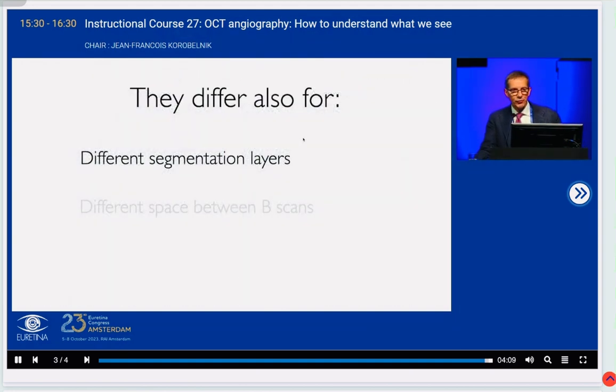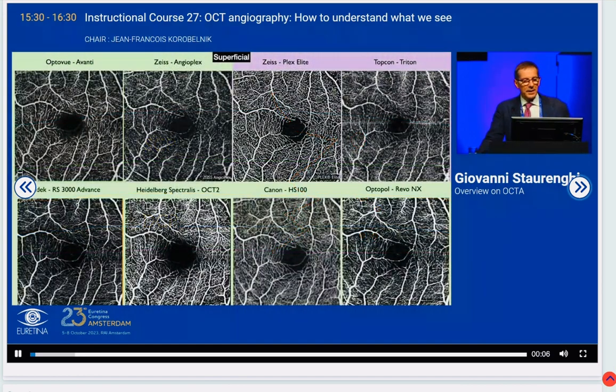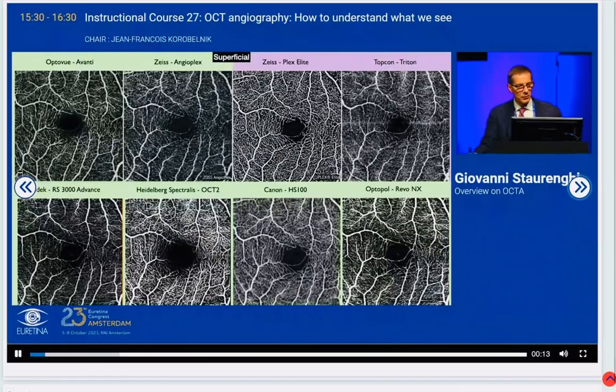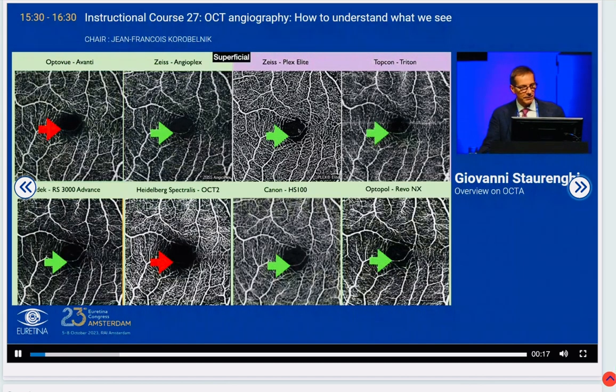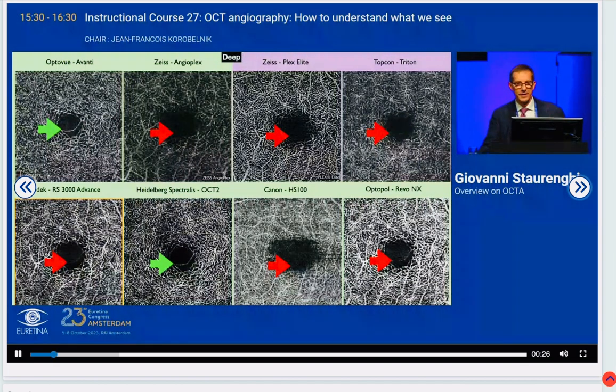Very different also are the different segmentation layers. This cartoon allows you to understand how it works. Now, the problem is that each one is taken a different way. These are the same eye with different instruments, and I just want to underline these 2 vessels that are barely seen in the superficial layer, but when you move to the deep layer, it is exactly the opposite.